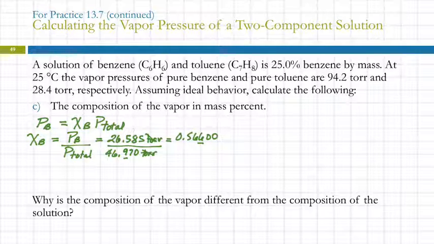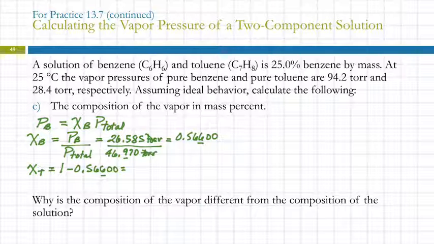Can we figure out the mole fraction of the toluene? The mole fractions have to add up to 1. So that's going to be 1 minus 0.56600, minus 0.566.